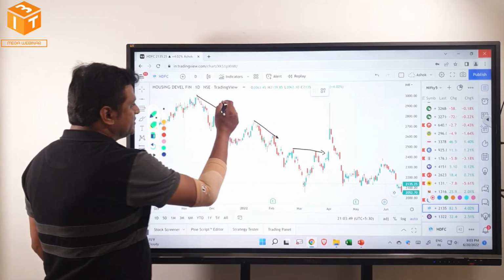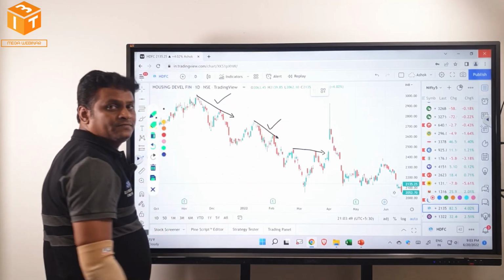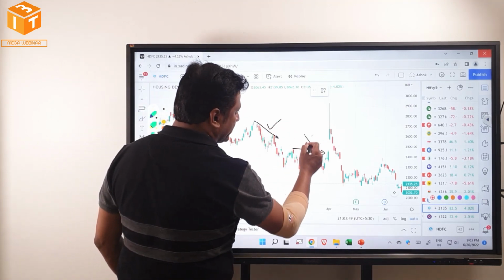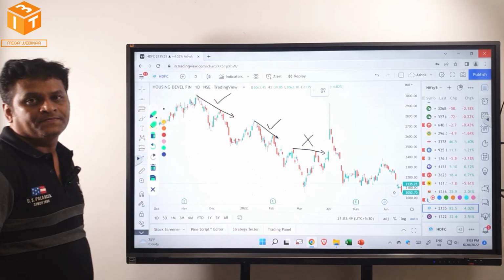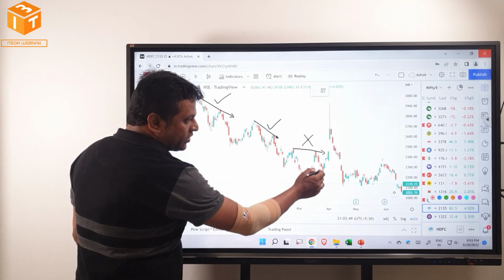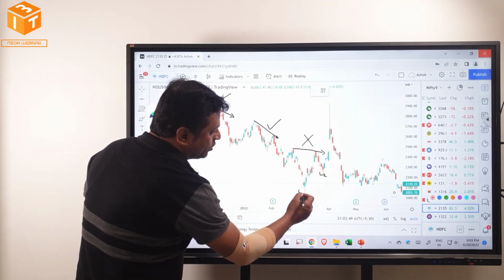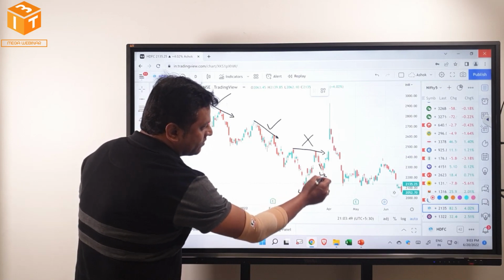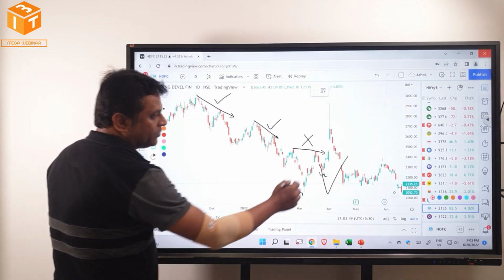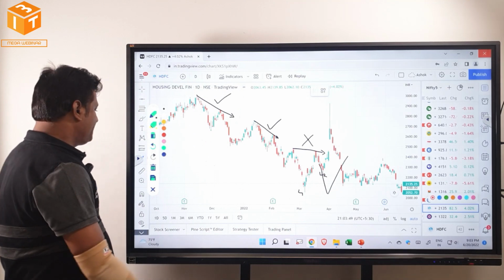Think about it. This is a valid trend line. This is a valid trend line. This is not a valid trend line. Tell me why. It's because your L2, this one, should always be lower than L1. It should have come like this and go. It should have come down. It didn't come down. Okay?